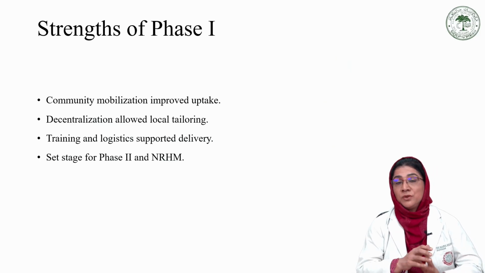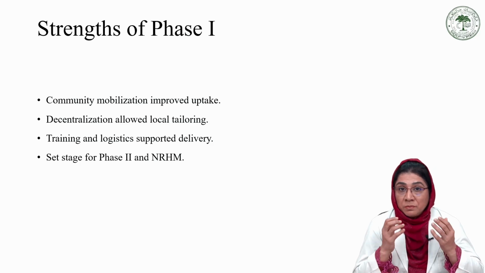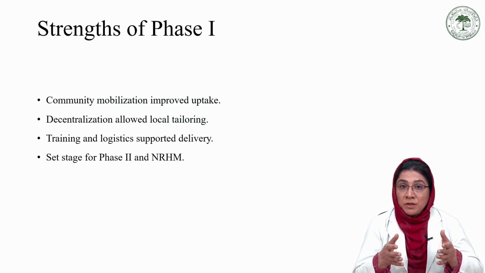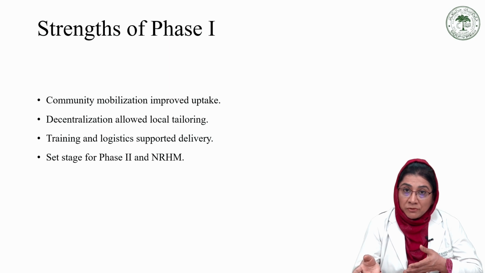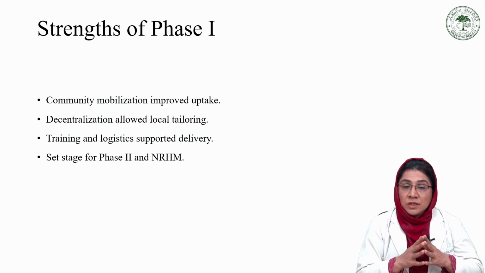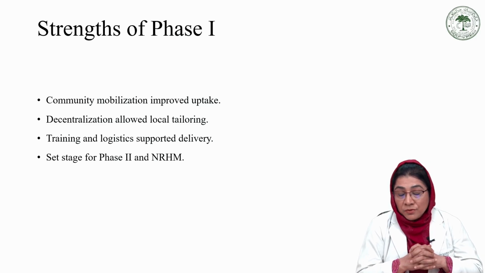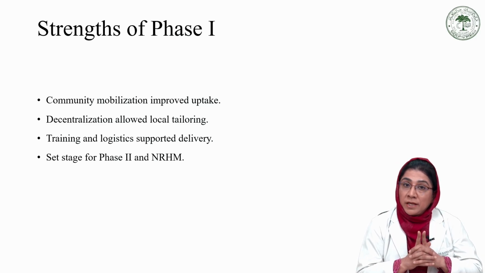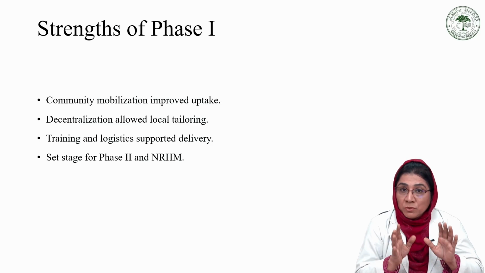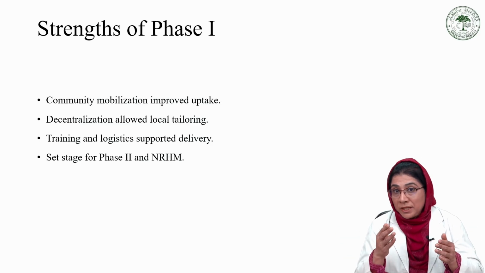What were the strengths of phase 1? Decentralization. That is bringing out the needs of the people from the community at the periphery. So, this decentralization allowed programs to reflect local priorities instead of one size fits all plans. Community mobilization brought services closer to the households and built trust.